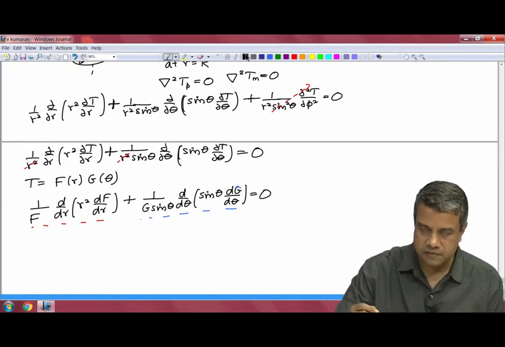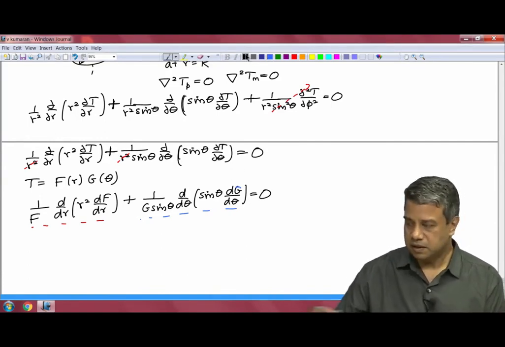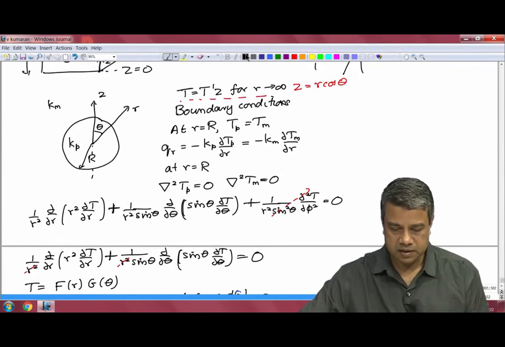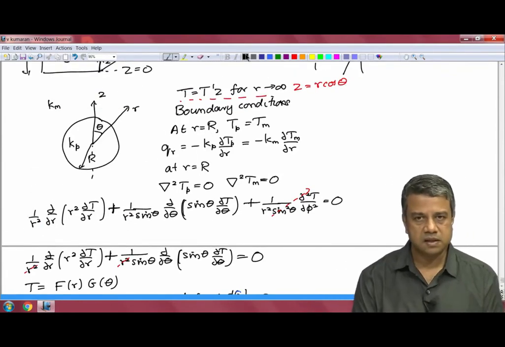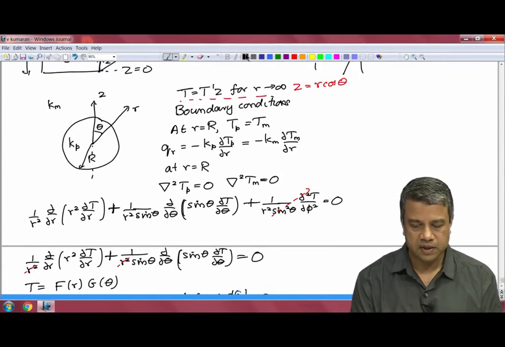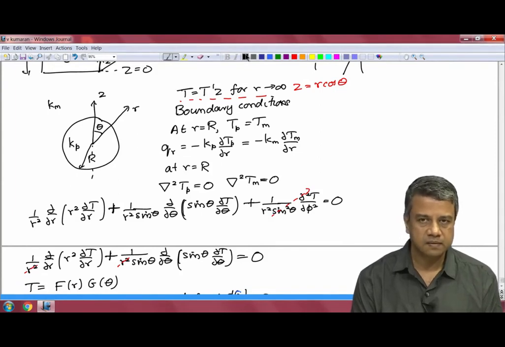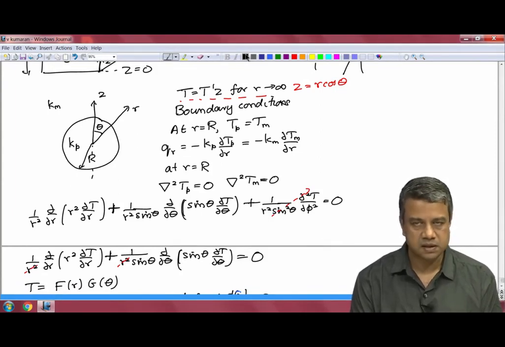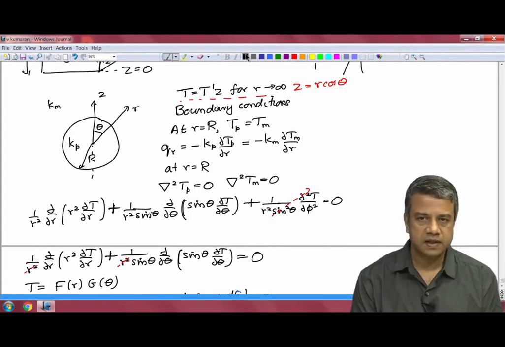What is it in a spherical coordinate system? Recall my spherical coordinates. R is the distance from the center, theta is the angle from the z coordinate. Theta varies, as you recall, from 0 to pi. It is 0 on the positive z axis, it is pi on the negative z axis.